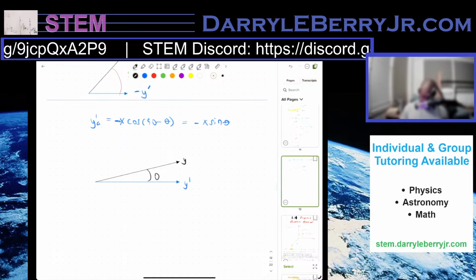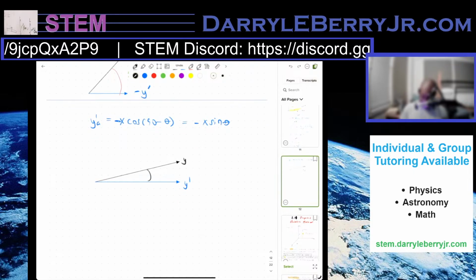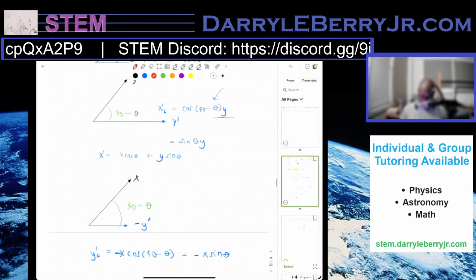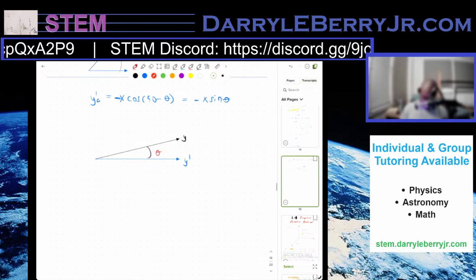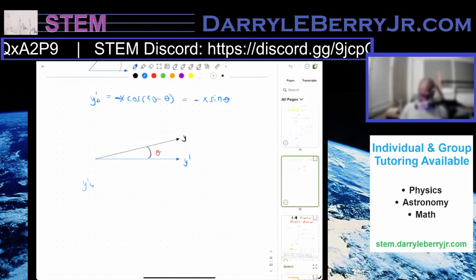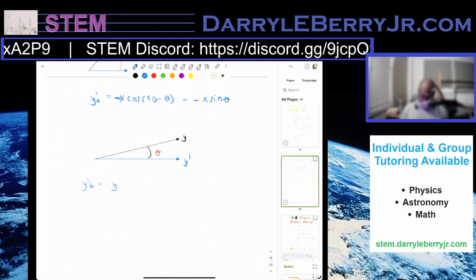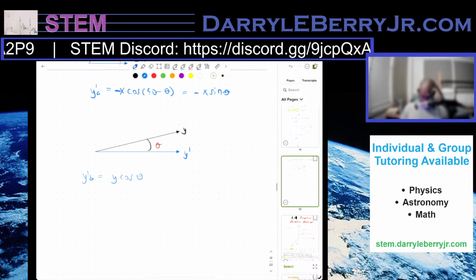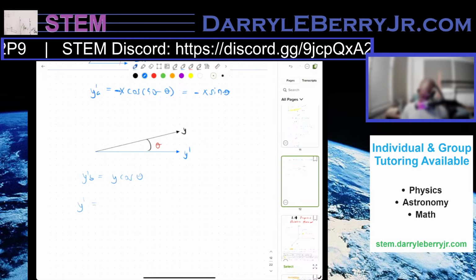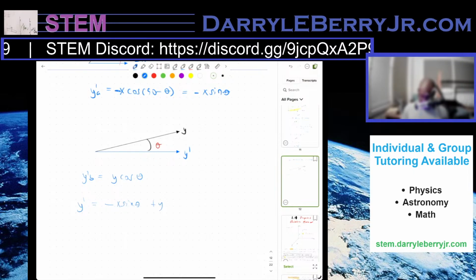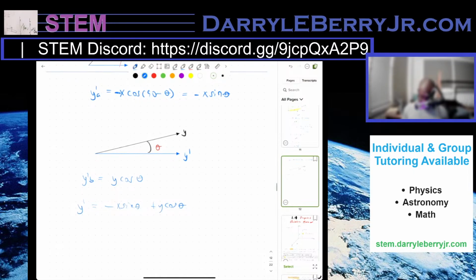This angle is theta for this one. As you can see, it's still marked there. So we have y prime b equals y cosine theta. So y prime equals negative x sine theta plus y cosine theta.